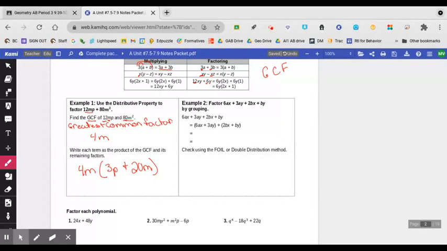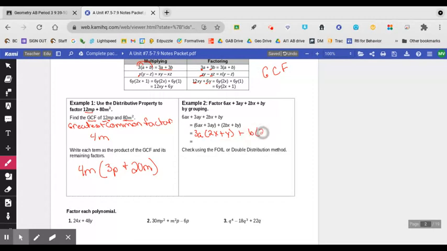If we have 4 terms, sometimes all 4 do not have a common factor. But if we group them in 2 and 2, as I've done in the first step there, sometimes that will have a common factor. So when I group the first 2, they have a common factor of 3a. So that becomes 3a times 2x plus y, plus then the second group have a common factor of b.